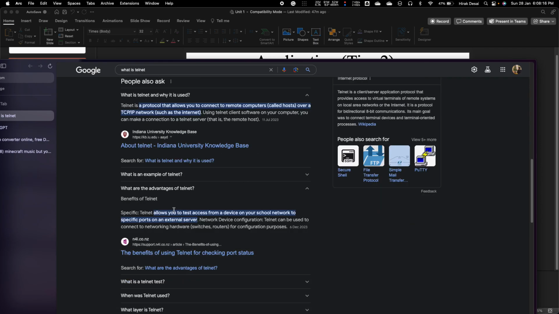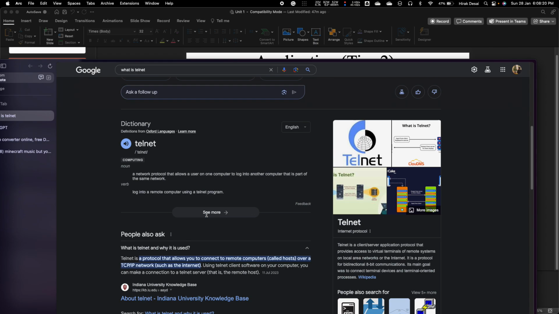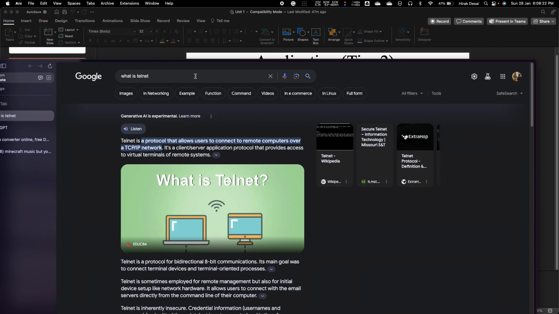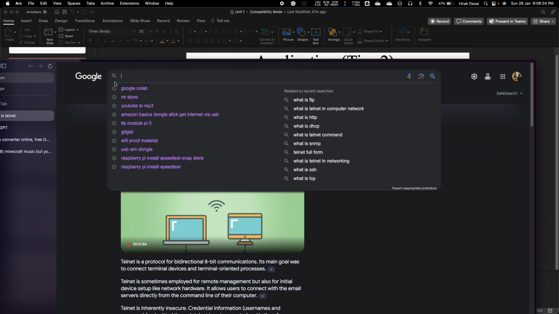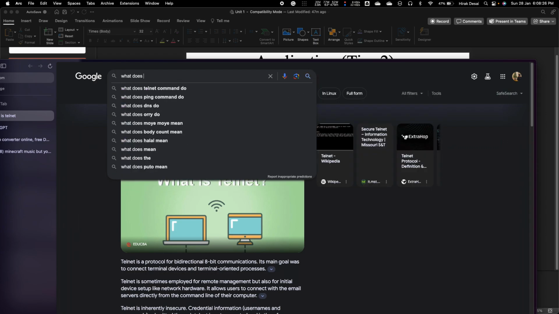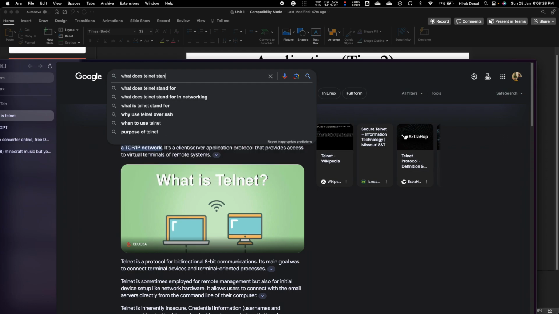Advantages of telnet: it allows you to access specific ports on an external server from a school network. What does telnet stand for?